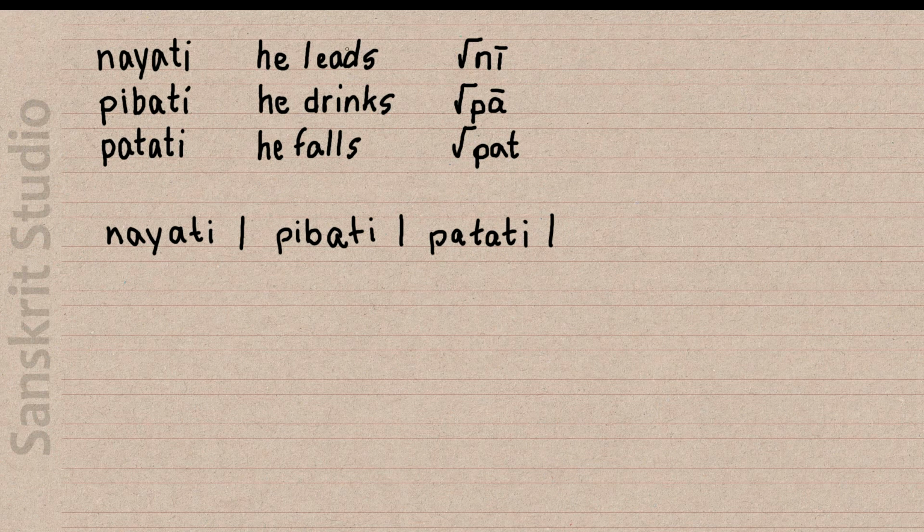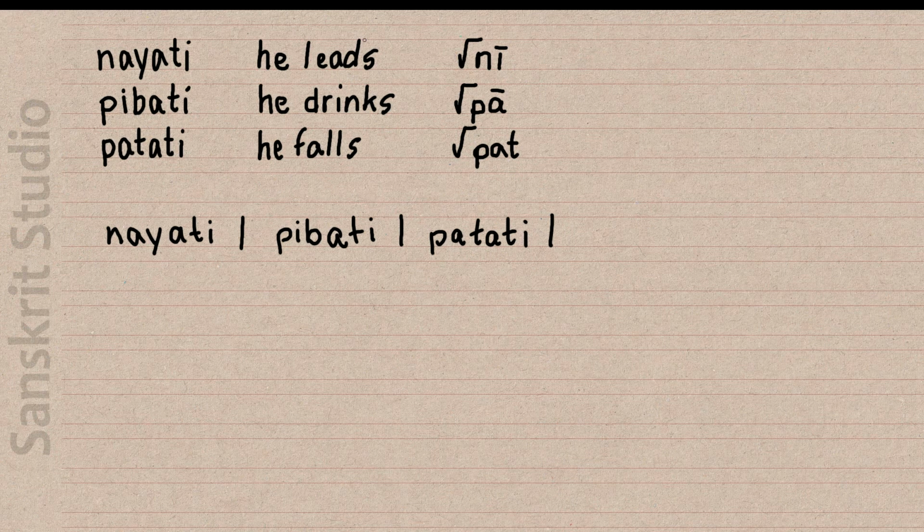One form has an S at the end and another one doesn't. So in English, the present tense: I lead, you lead, he leads, we lead, you all lead, they all lead.